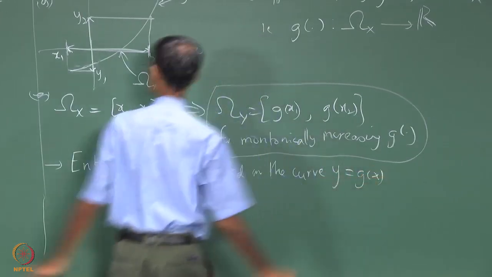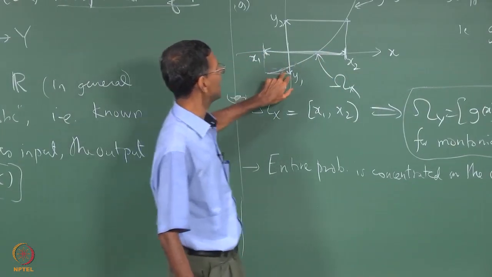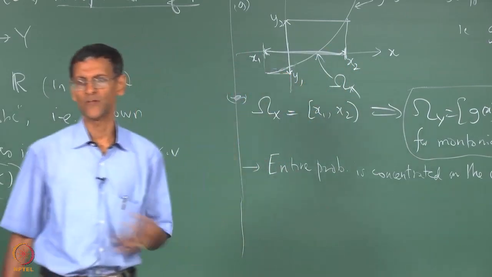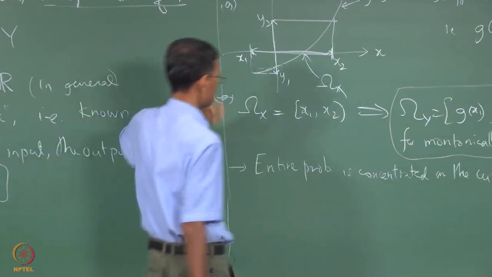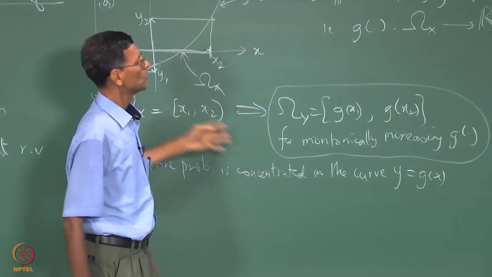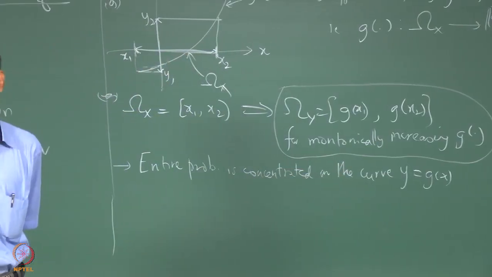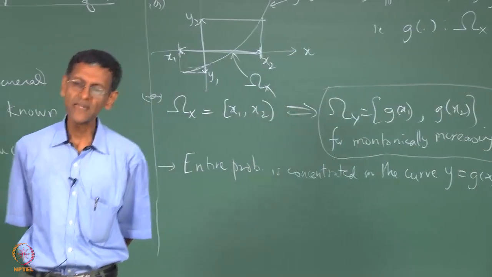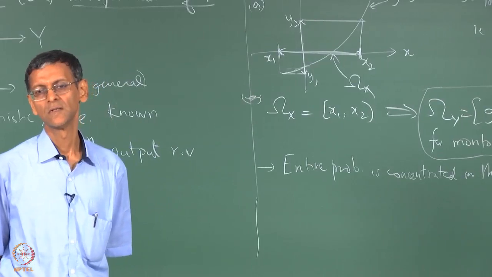Now remember this being a function, the up and down means that for a given value of x there is only one value of y, but for a given value of y there can be more than one value of x, right. That is understood. No matter what, irrespective of the kind of g, the entire probability has to be only on this one curve. So, this means that the joint PDF is not the right thing to be looking for.